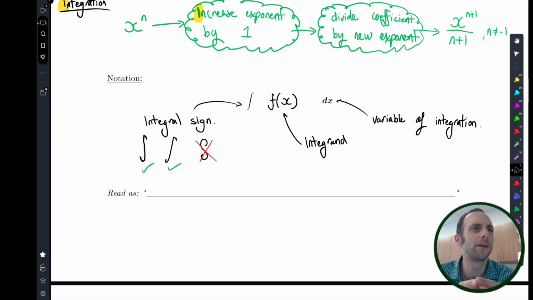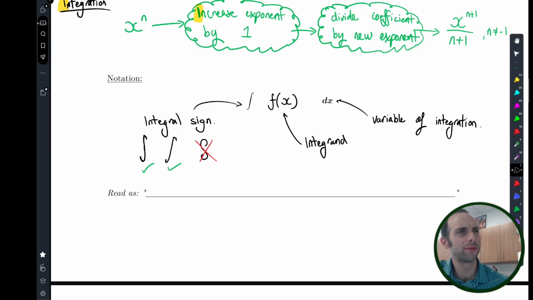You might learn more about it when you get to college and take Calculus 1 or Calculus 2, where you get to multivariable calculus. But essentially, this is telling you the variable which is going to act independently, and that's the one you're going to need to actually integrate or apply that reverse power rule to. For now, we can think of it as just closing our integral. So the integral sign opens like an open parenthesis, and the dx closes our integral like a closed parenthesis.